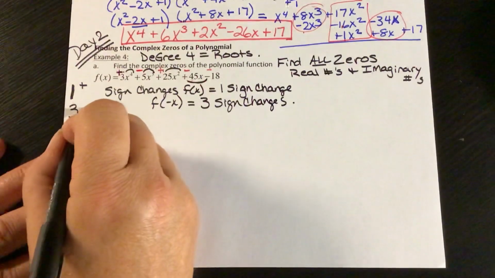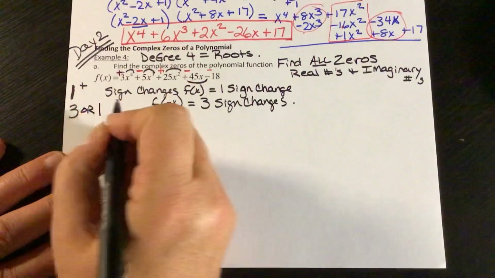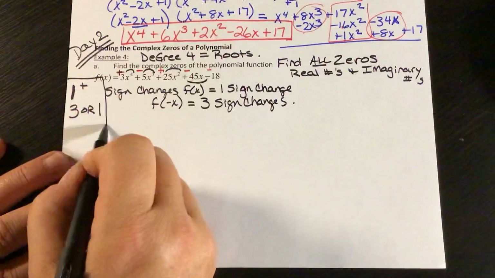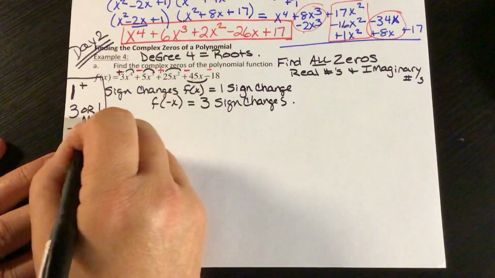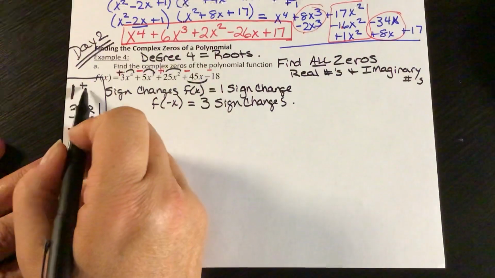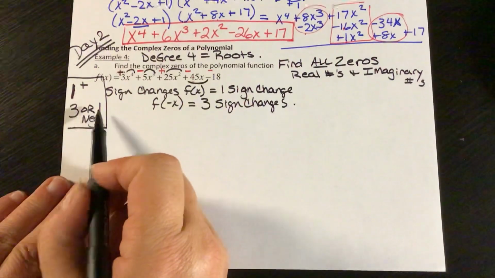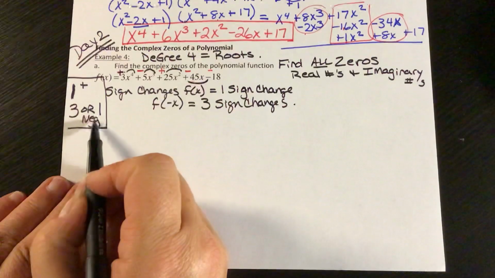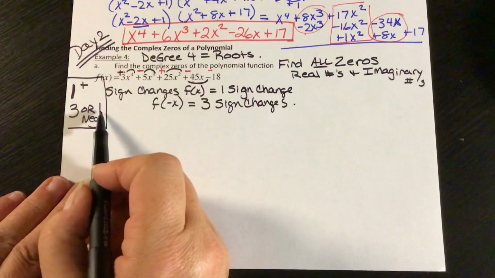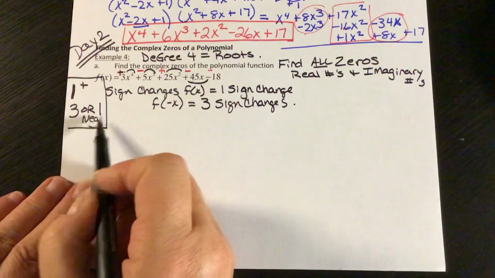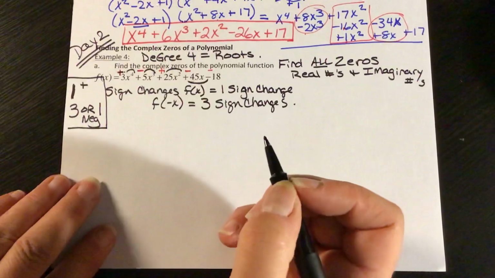So I'm going to have 3 or 1 negative roots. So 1 has to be positive, 3 could be negative, or 1 could be negative. Now, if 1 is negative, that means I would have 2 more roots that are imaginary. All right, so this just gives me some possibilities.